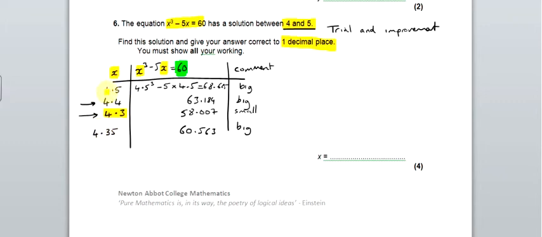So I just have to decide, is it 4.4 or 4.3? And this is how I decide for my last mark. Here's a little number line. So there's 4.4 and there's 4.3. Let's do it the other way around. 4.3, 4.4. Now 4.3 was too small and 4.4 was too big. And the middle, 4.35, well, that was too big.